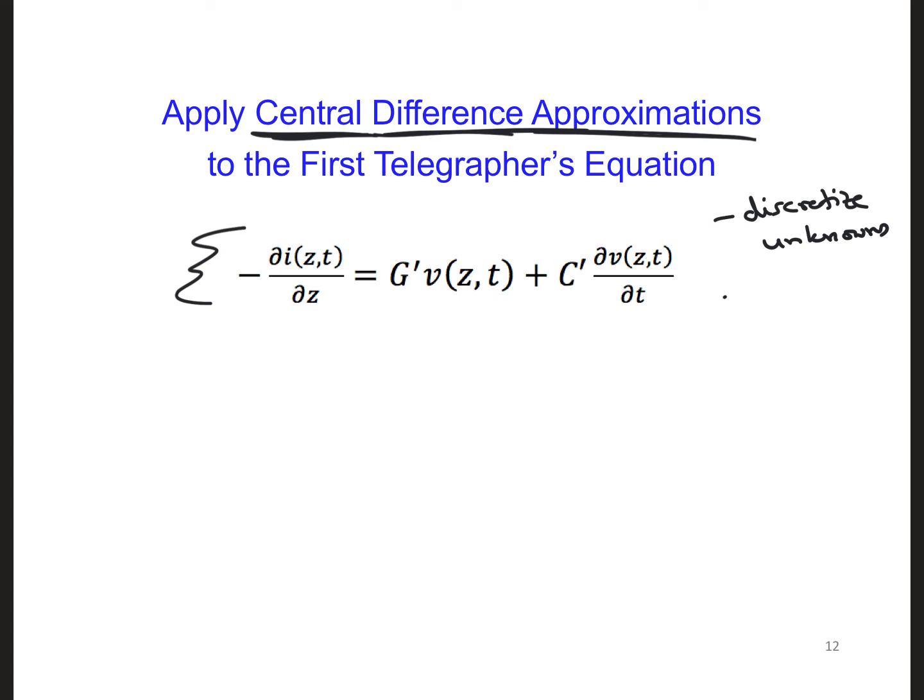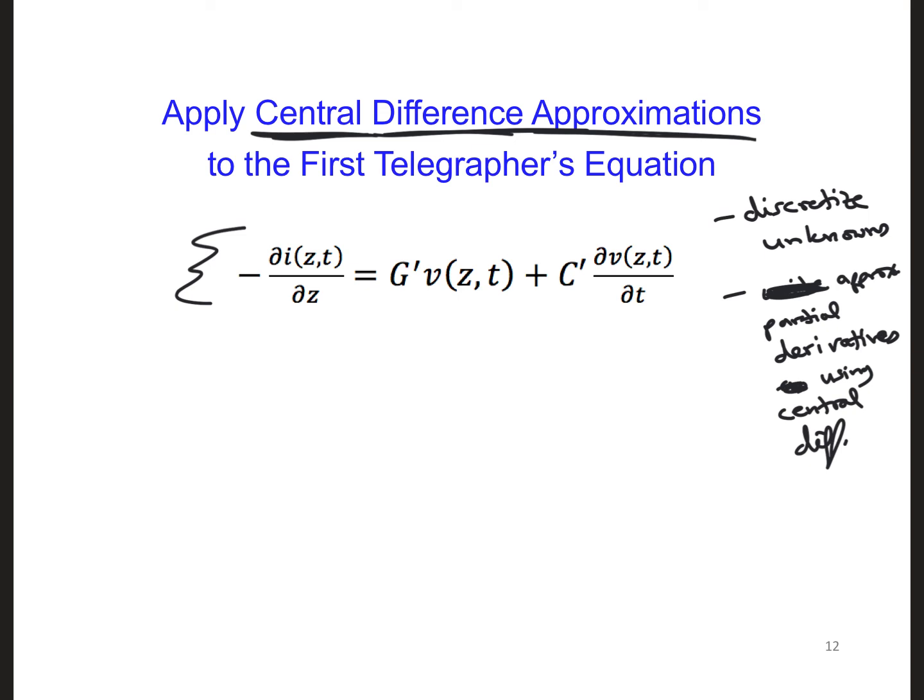And we also need to write the partial derivatives as central differences. Or we need to approximate them, so maybe I'll say here, approximate partial derivatives using central differencing. So go ahead and try to do this for the first telegrapher's equation.